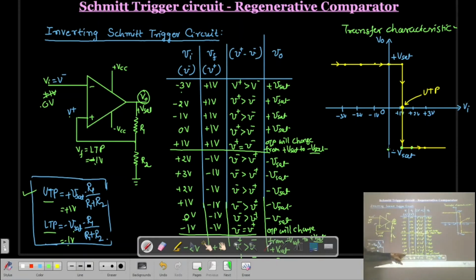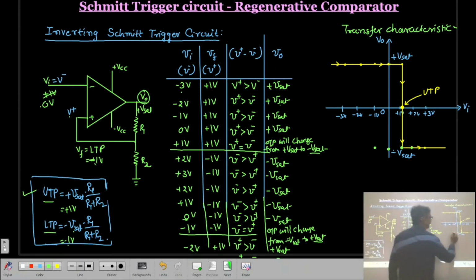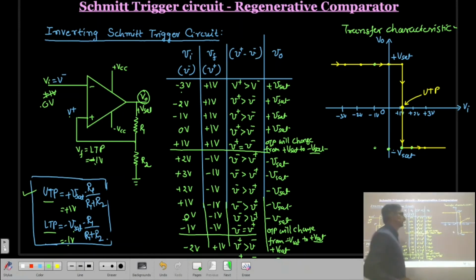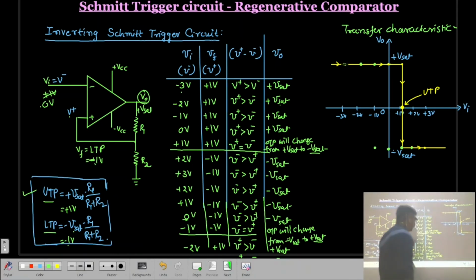Then when minus 1 volt comes, the output will change. The output is changing from minus V saturation to plus V saturation. Correct? And then for minus 1 volt, minus 2 volt, minus 3 volt, we have plus V saturation.